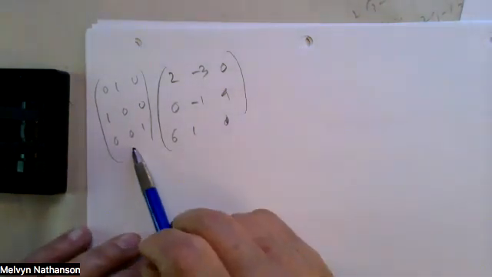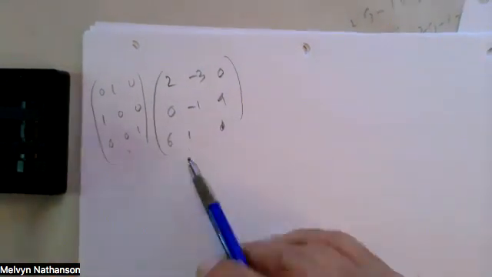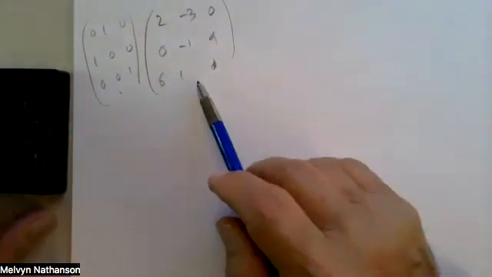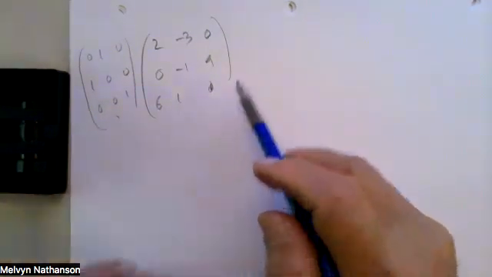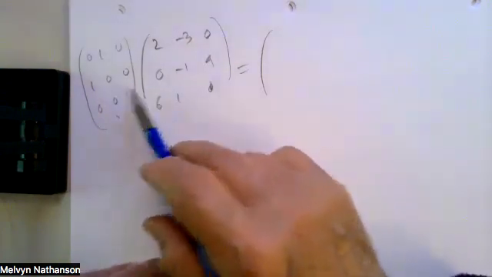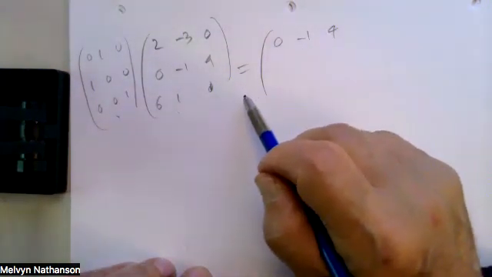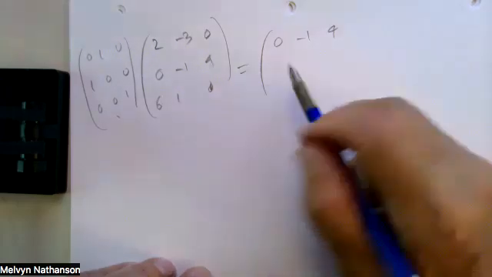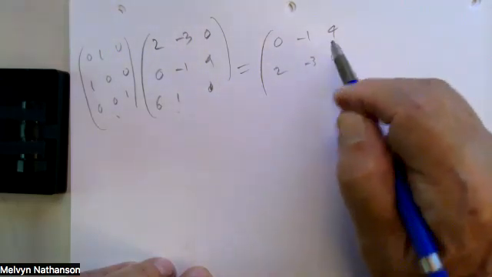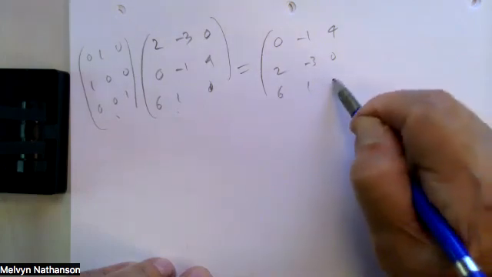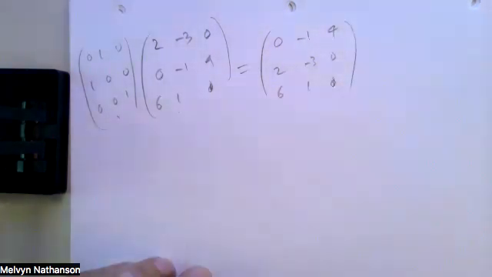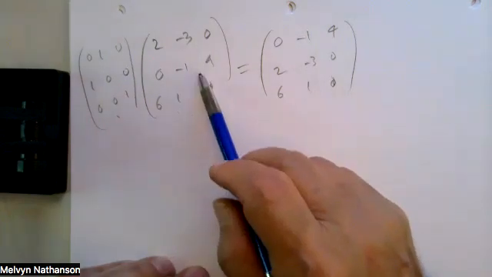What happens when I multiply this elementary matrix by this matrix? I get 0 minus 1, 4, 2 minus 3, 0, 6, 1, 0. What happened when I went from here to here?